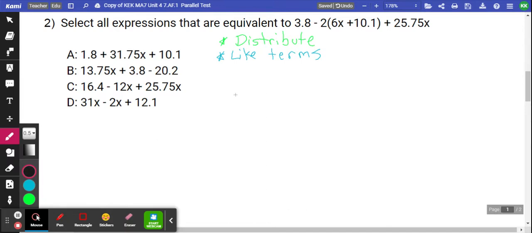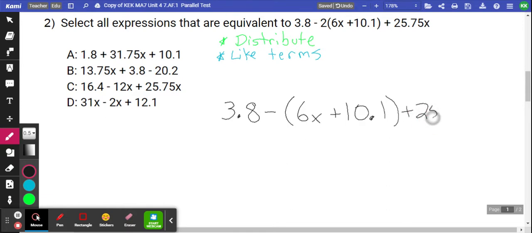I'm rewriting my question so I have more space. So I have 3.8 minus parentheses 6x plus 10.1 parentheses plus 25.75x.